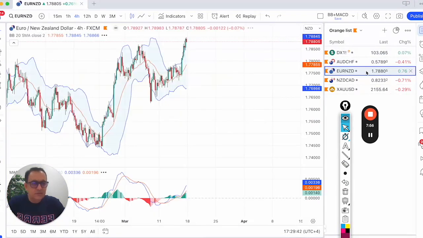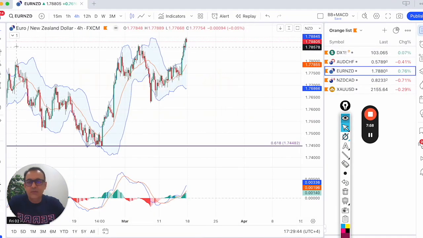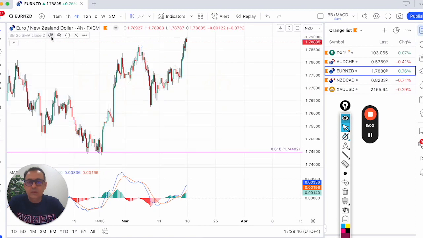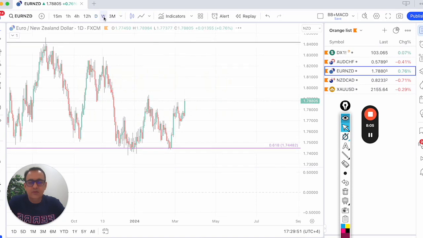Now moving to the next currency pair, next instrument is Euro versus New Zealand dollar, and starting from the daily time frame. In fact, I'm moving to weekly chart here.